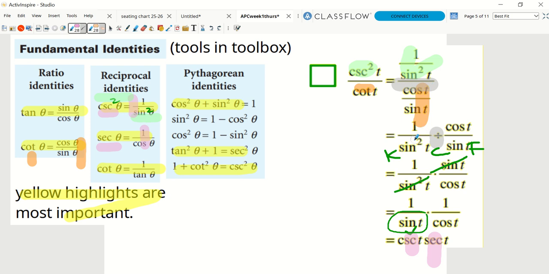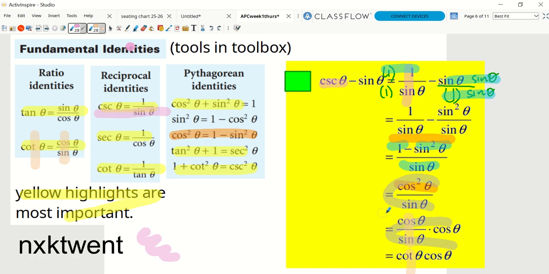Gray is division, so boom, boom, boom. I'm going to do keep, change, flip. Keep, change, flip. Are we good? Sines cancel. After canceling, how many's left over? 1. 1 over sine is going to be cosecant. 1 over cosine is going to be secant. Does that make sense, folks?